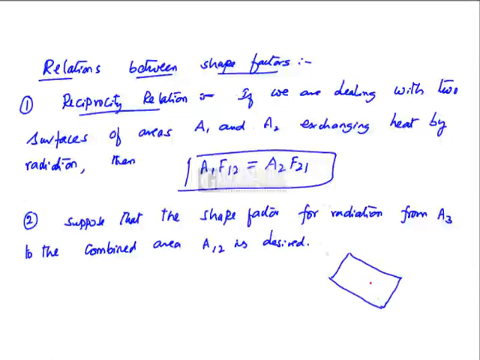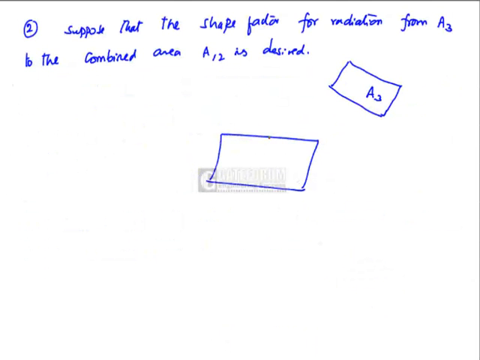This is A3, this is the combined area of A1 and A2, denoted A1,2. Then F3,(1,2), the shape factor of 3 with respect to the combined area, is equal to F31 plus F32.